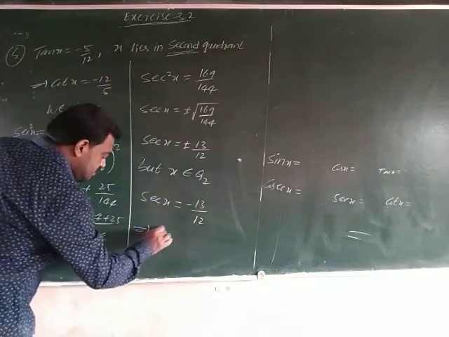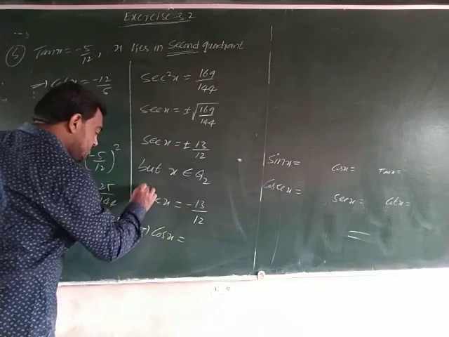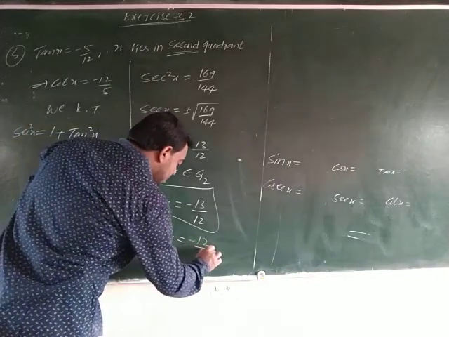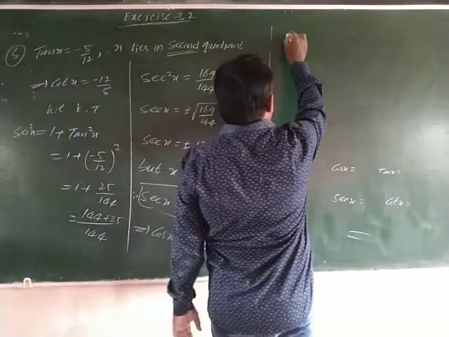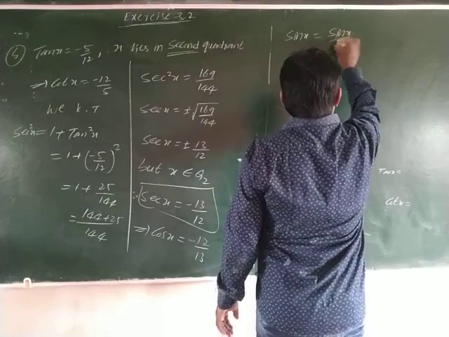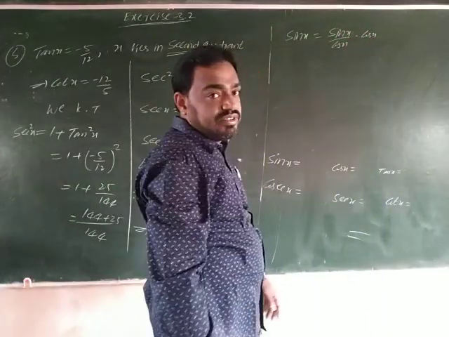From this, cos x is equals to minus 12 by 13. What we need to find? Sin x value. For sin x, you multiply and divide with cos x.